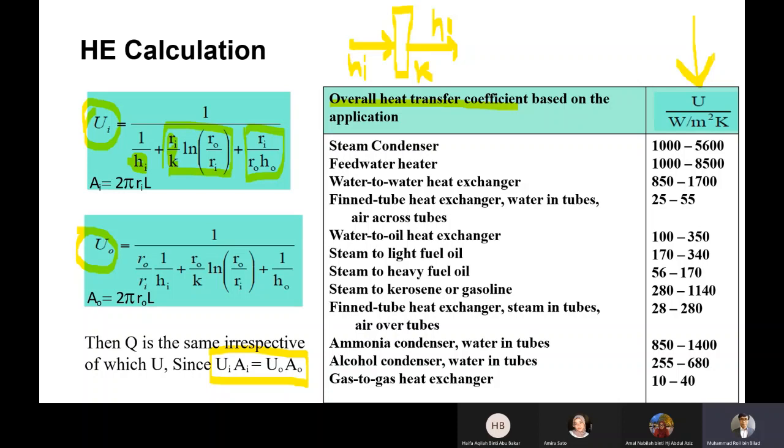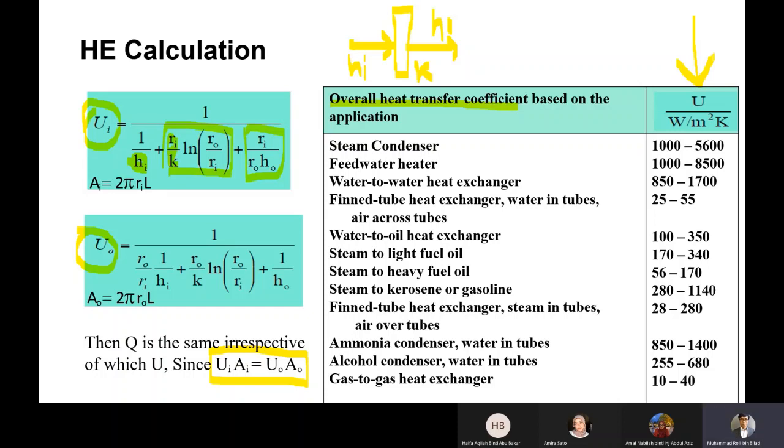It's really a function of what type of liquid, what type of material is used for the heat exchanger, and the flow properties, is it laminar or turbulent, and so on. So you'll be able to estimate the U. But in general, based on experience, we have generally this U.